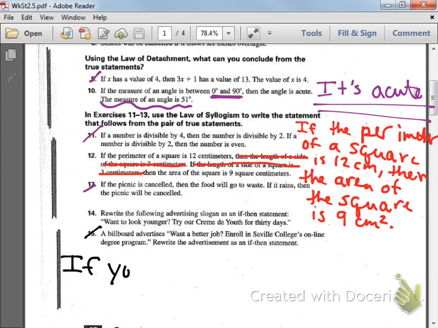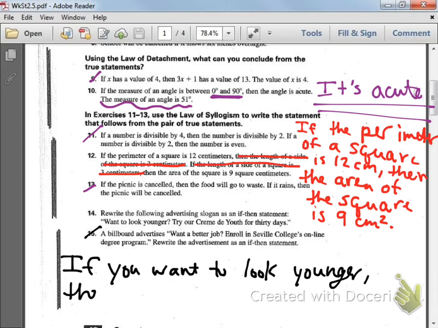Yep, if you want to look younger, then try our cream. Good. Now you wouldn't take the product name out of an advertisement, so make sure you say the whole thing. Our Cream Day Youth for 30 days.